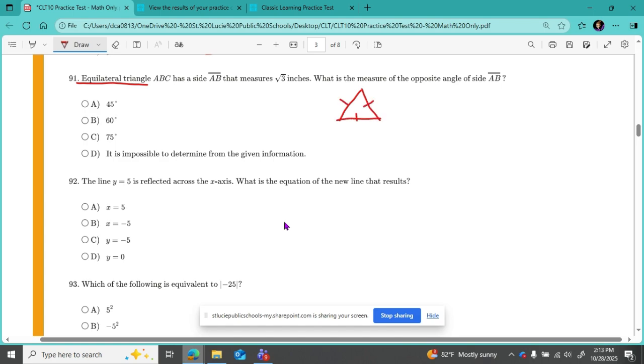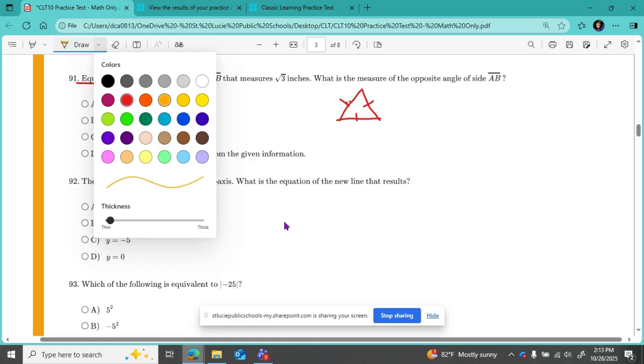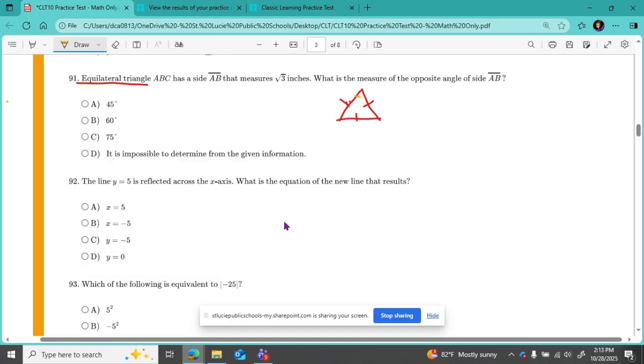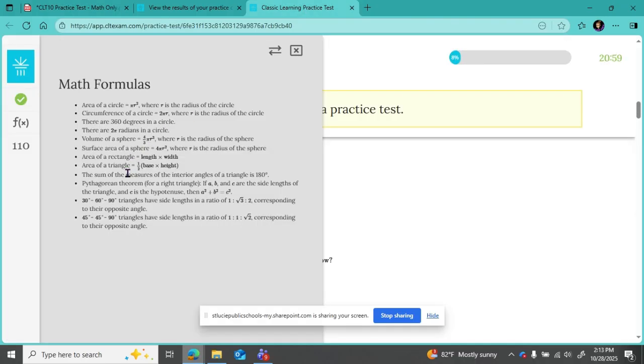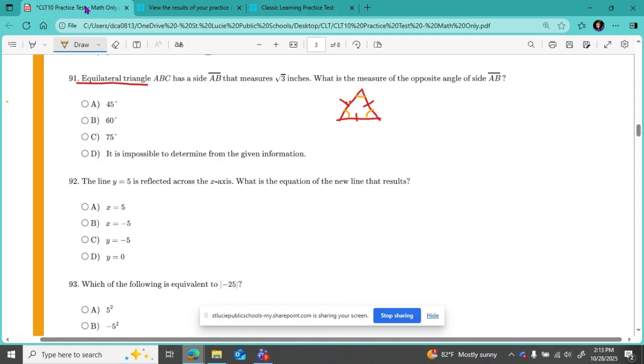And when all 3 sides are the same, all 3 angles are the same. And we know, or you can look on the reference sheet, that the sum of the measures of the interior angles of a triangle is 180 degrees.